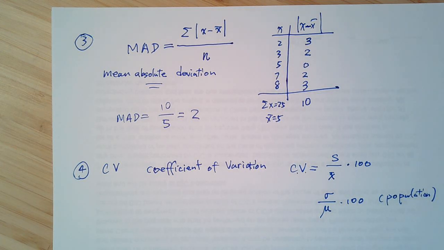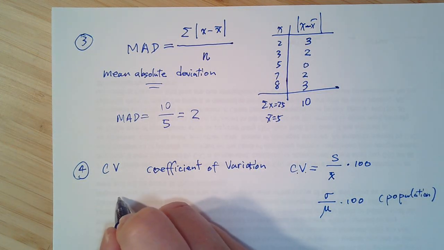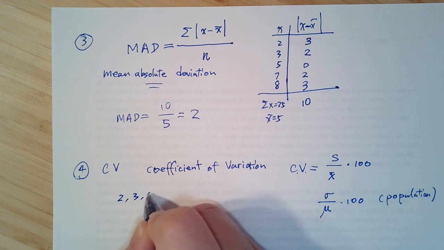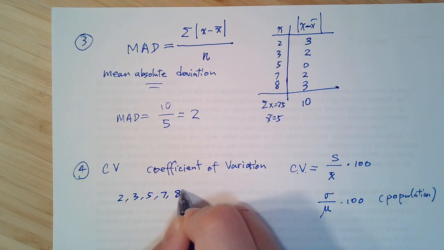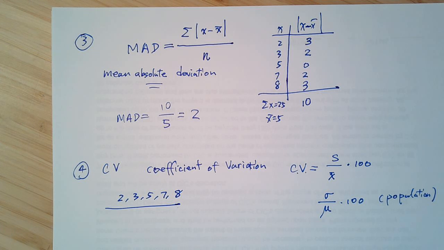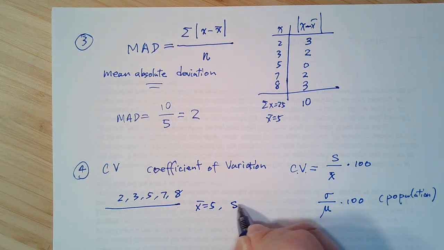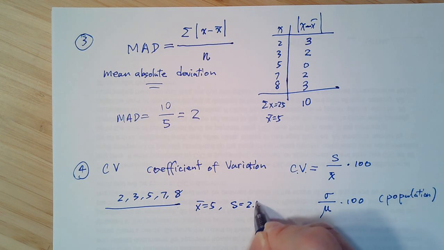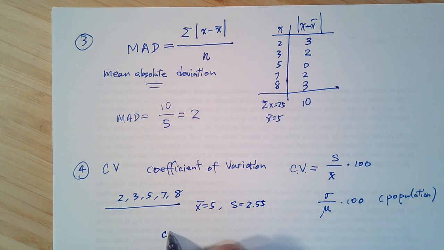Quickly, we just go over the data. We have 2, 3, 5, 7, and 8. Remember for this data set, x bar is 5, and S, which we just did a little earlier, is 2.55. Now, what is the CV for this data set?